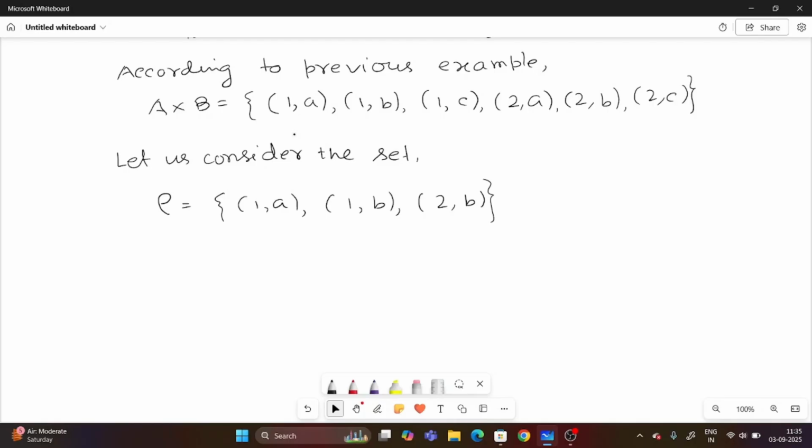So clearly we can see the first element of rho, (1, a), belongs to A cross B. The second element of rho, which is (1, b), again belongs to A cross B. The third element of rho, which is (2, b), belongs to A cross B. So clearly, each element of rho belongs to A cross B.